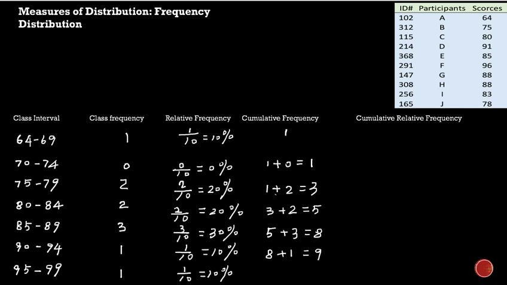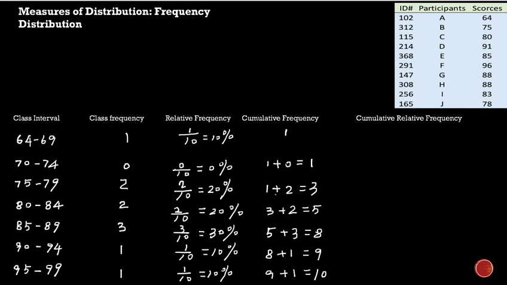The last one, 9 plus 1 equals 10. The last cumulative frequency must equal the size of the data set.